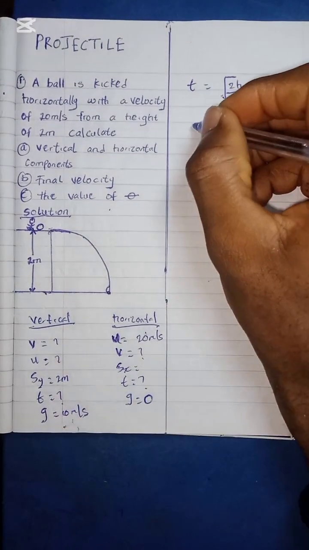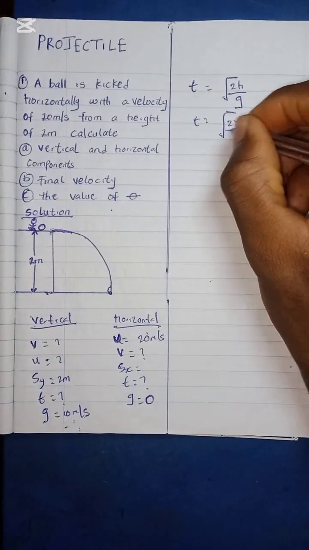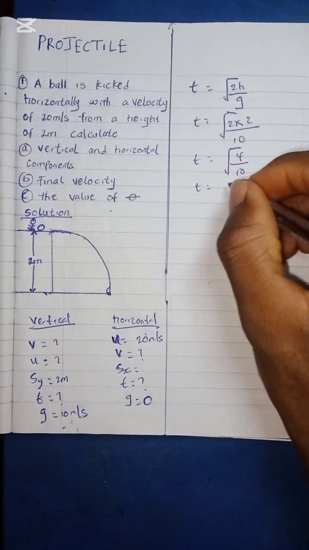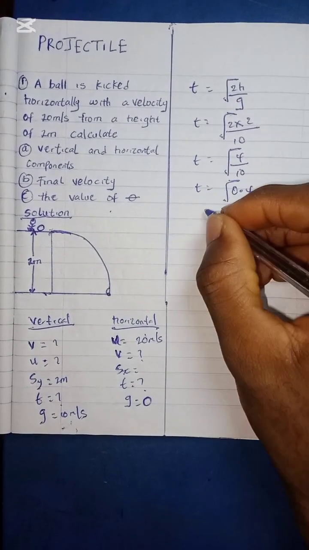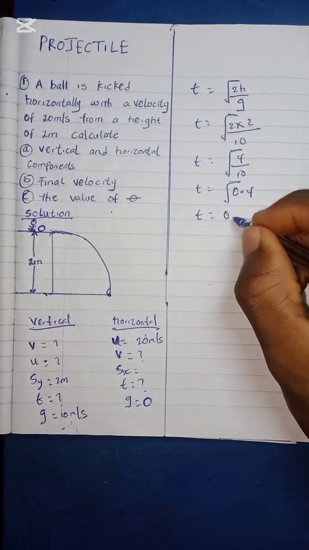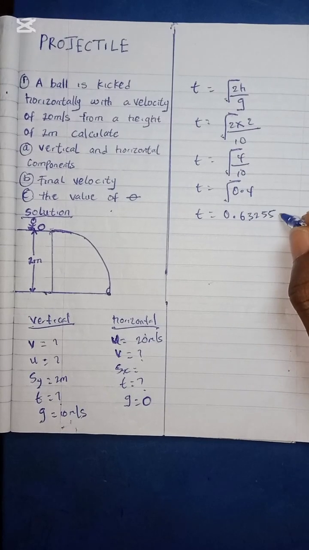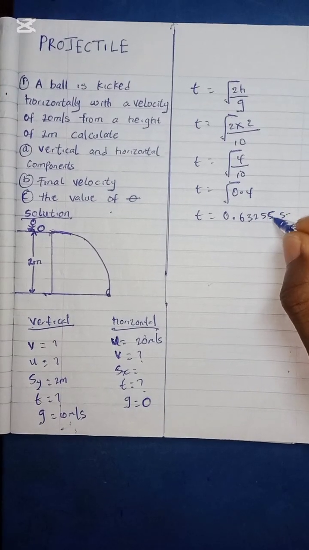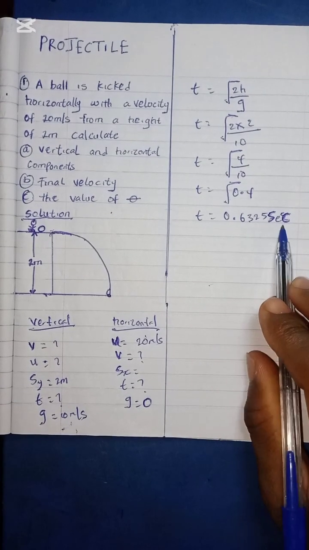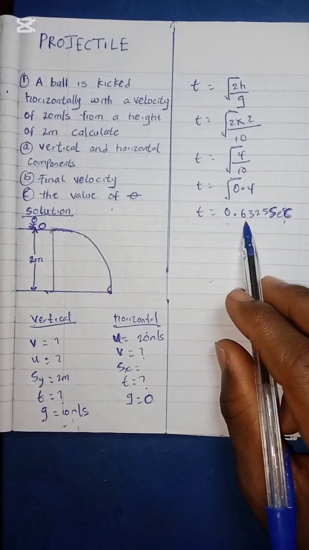So t is equal to the root of 2 times 2 over 10, which is the root of 4 over 10, the root of 0.4. When you take the square root of 0.4, you'll have 0.6325 seconds. So we found our time.